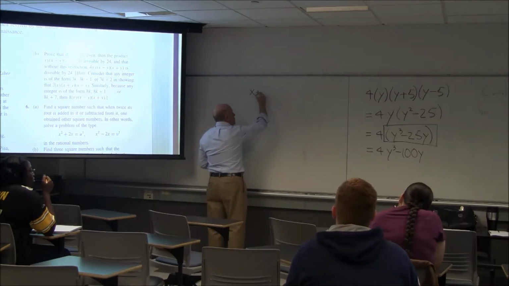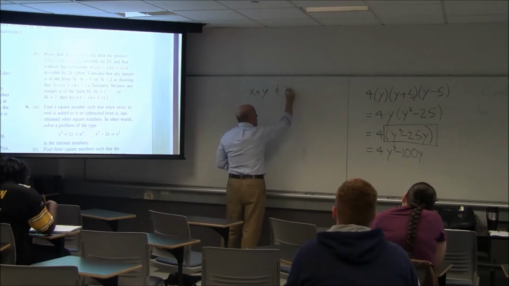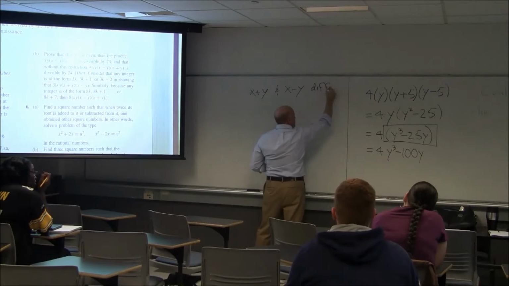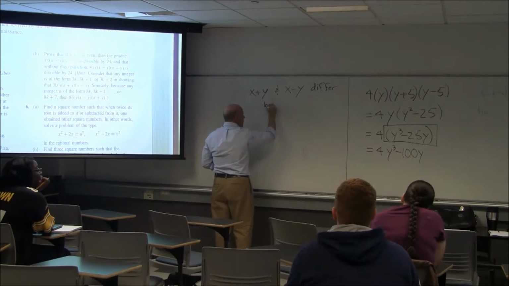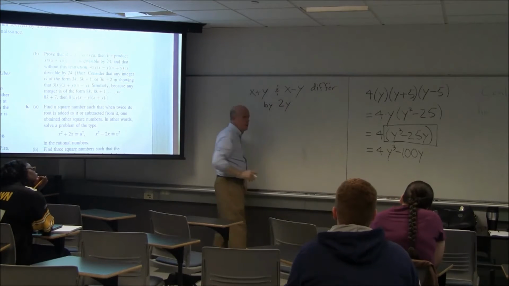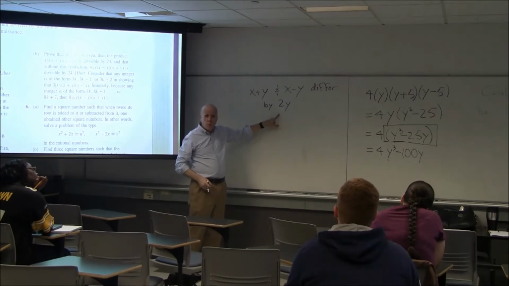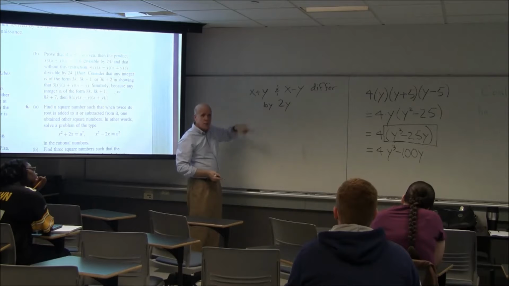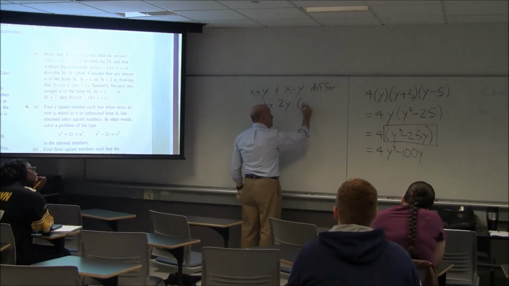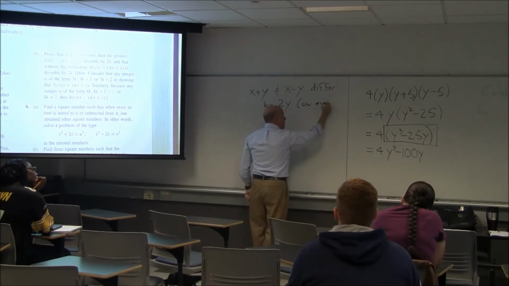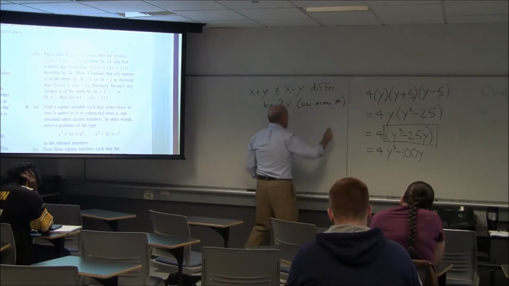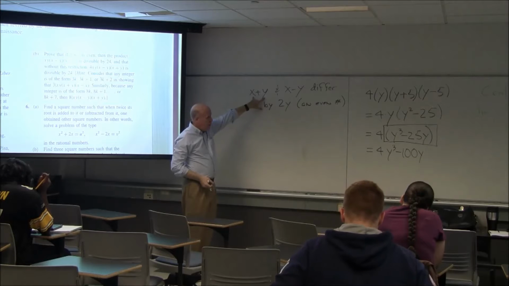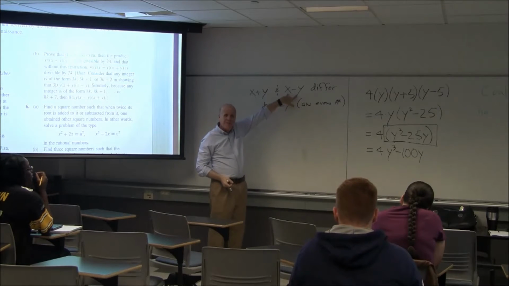Notice that x plus y and x minus y differ by twice y. So that's an even number, right? If y is a whole number, 2y is even. So they differ by an even number. If this one's even, and you take away an even number from it, what are you going to have?